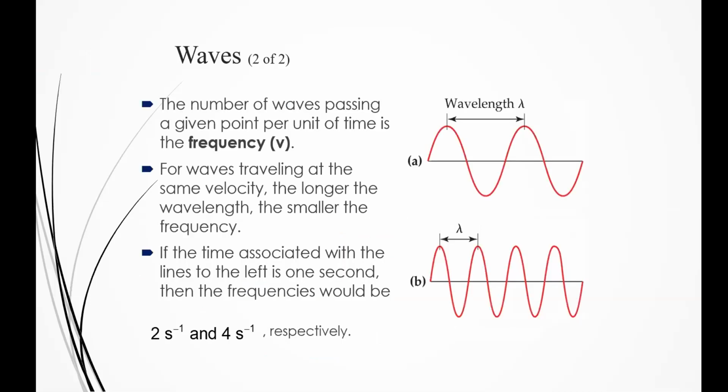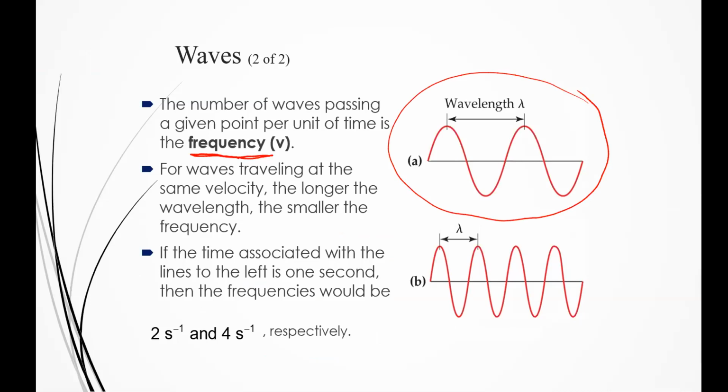You can also talk about them in terms of frequency. Frequency is the number of waves that pass, right? So if this was a section of 1 second, the wavelength for A would be this distance, and it would have a frequency of 2, because we saw it twice inside that span of a second.